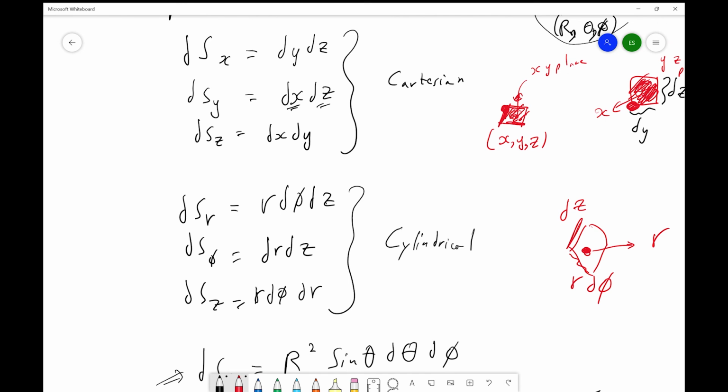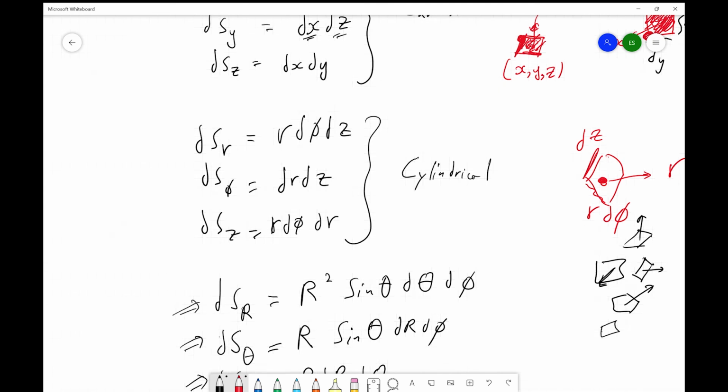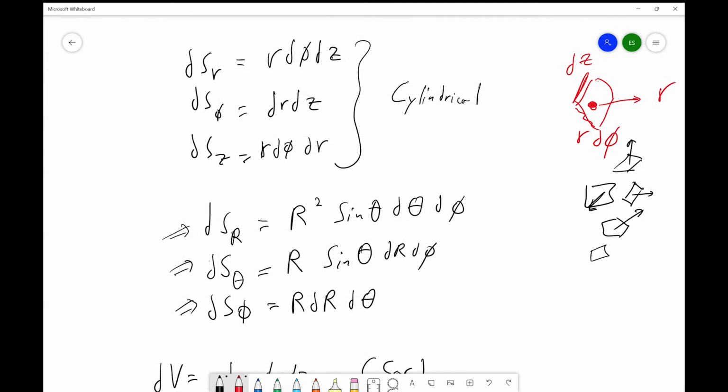But areas don't have to be oriented to the x, y or z-axis. I'm drawing arrows to represent the orientation of the area. They could have some random orientation, like this one.